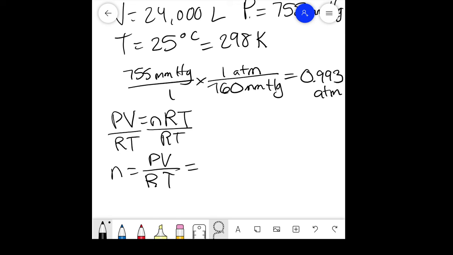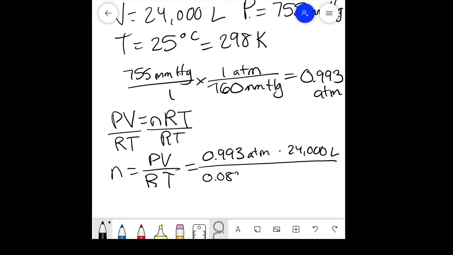Now we're just going to plug in atmospheres times our volume over R's constant, atmospheres times liters over moles times Kelvin, and then our Kelvin.